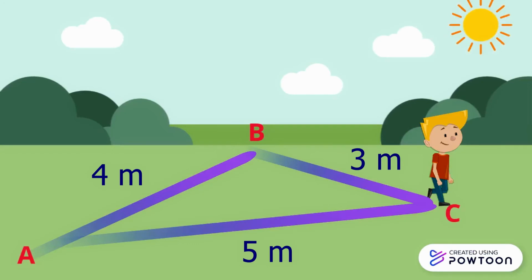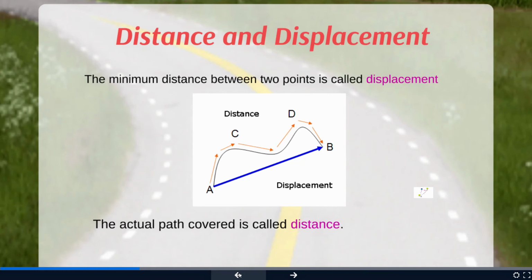So in Andy's case, the displacement is 5 meters because the distance from point A to point C is only 5 meters. So remember, distance is the actual path covered. Meanwhile, for displacement, we only look at the initial position and the final position.